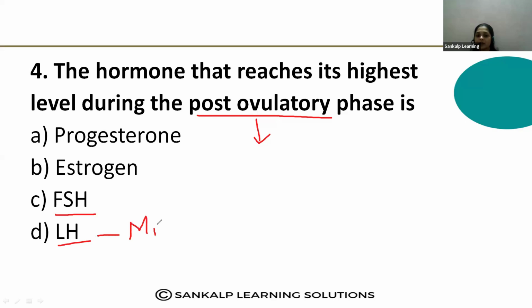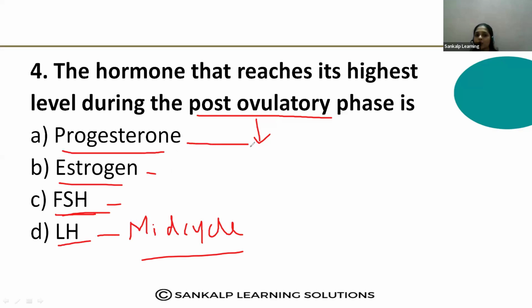Luteinizing hormone is highest during the mid cycle of the menstrual cycle, and estrogen is released by the developing follicles. Follicle stimulating hormone is also released before the ovulation, but progesterone is the post-ovulatory hormone.